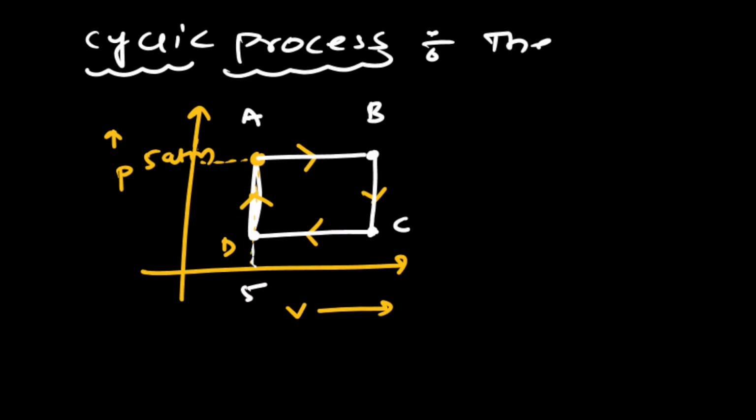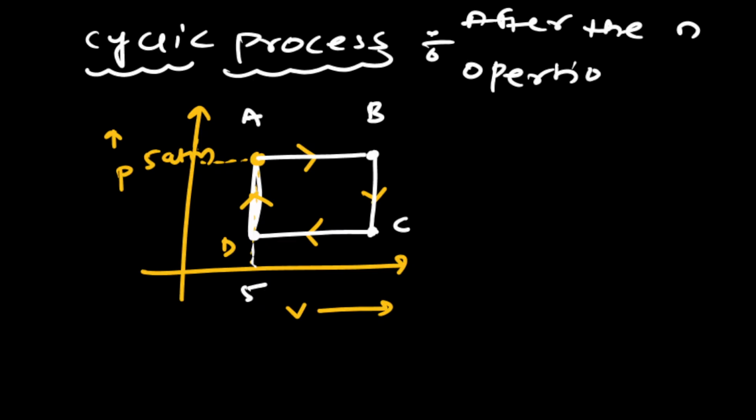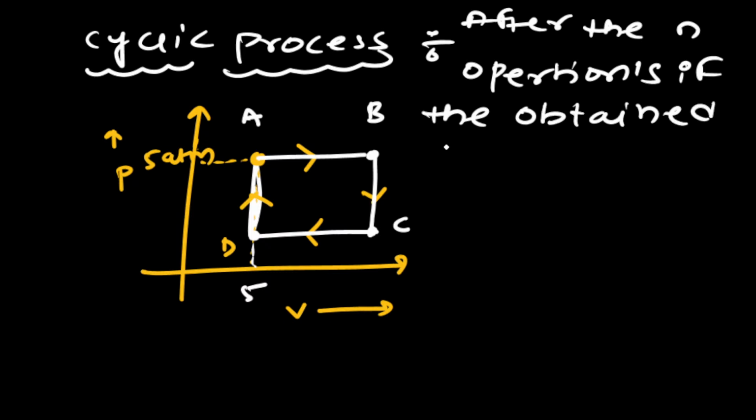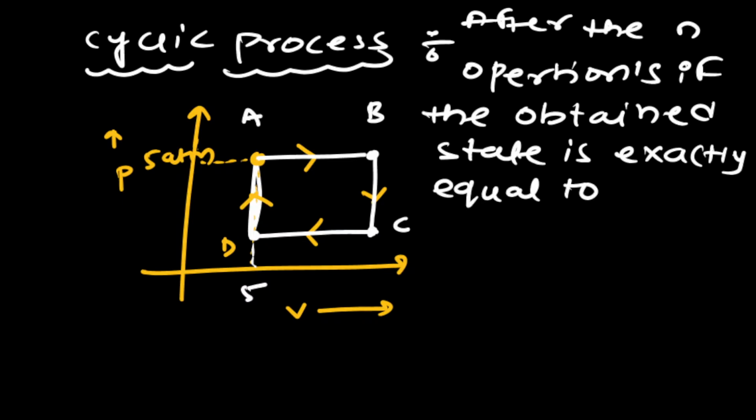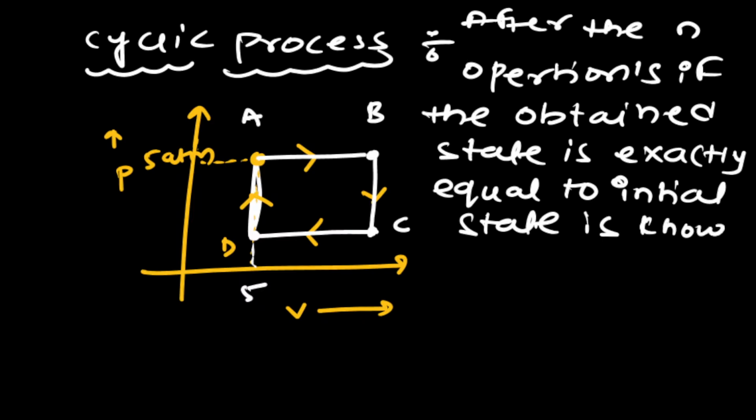What is the definition of the cyclic process? After n operations, if the obtained state is exactly equal to the initial state, it is known as a cyclic process.